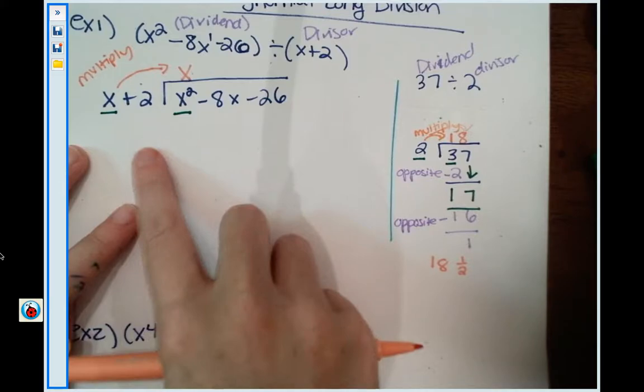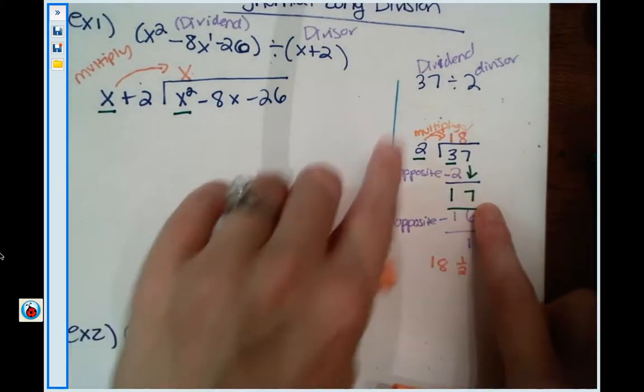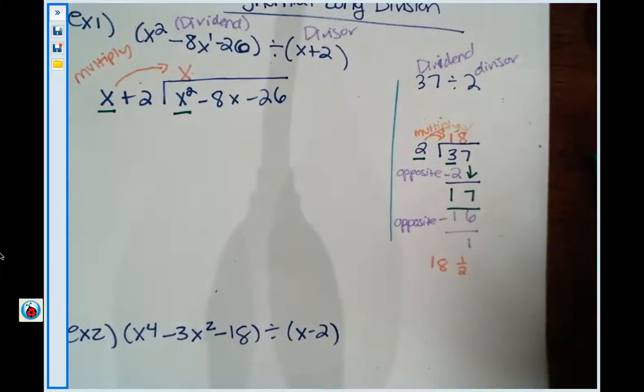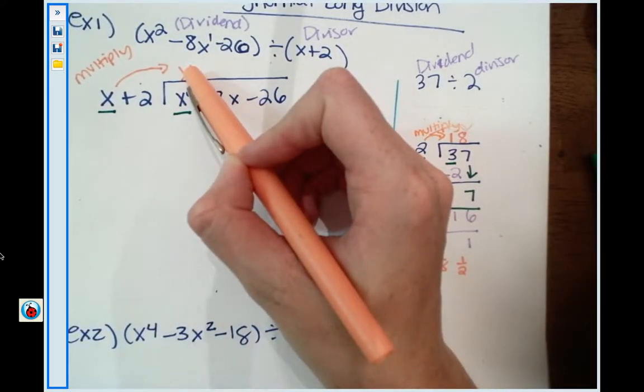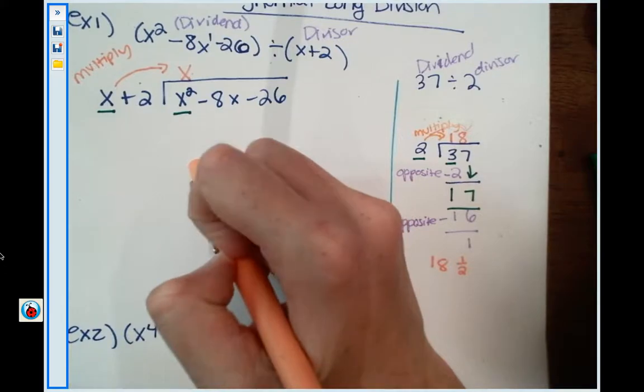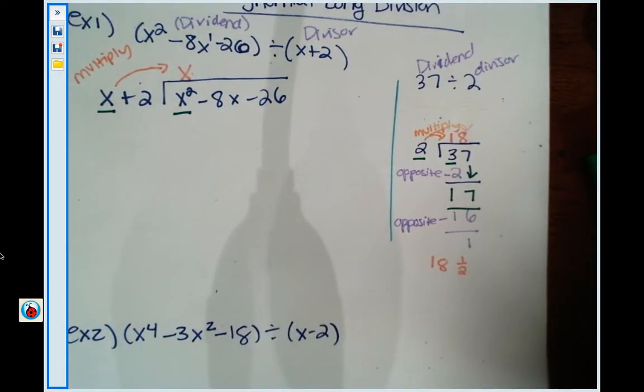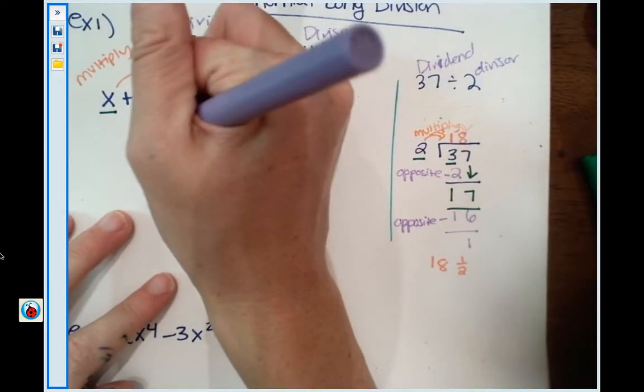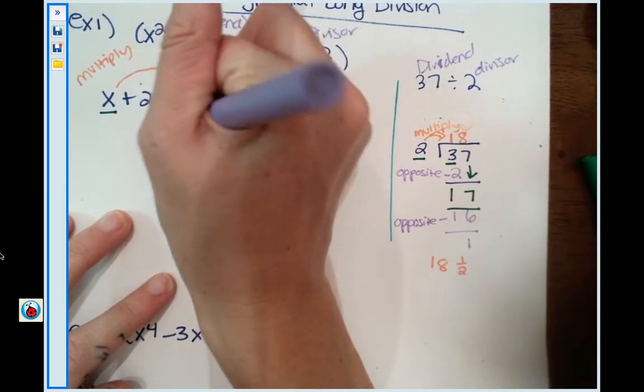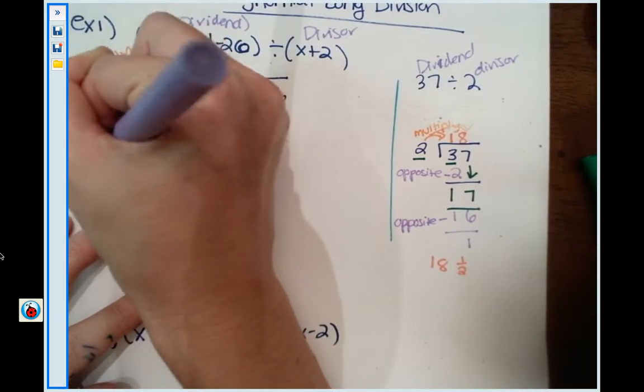But down here, I'm going to do the opposite, just like I did over here. x times x is x squared, but down here I'm going to do the opposite of x squared, which is negative x squared. So down here we're writing the opposite of what we multiply.